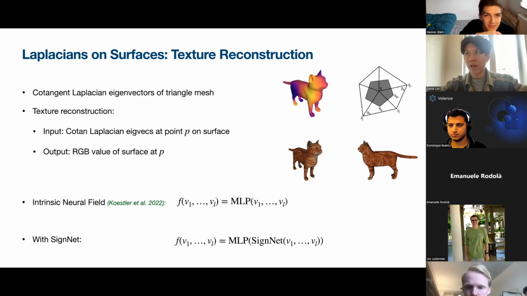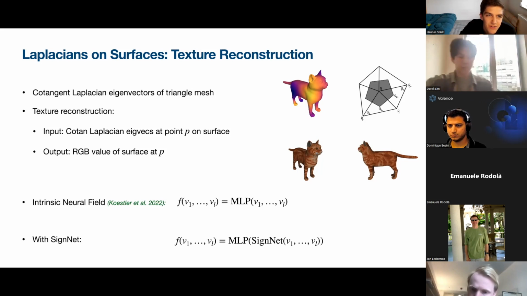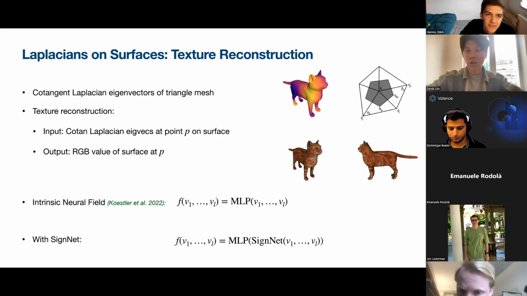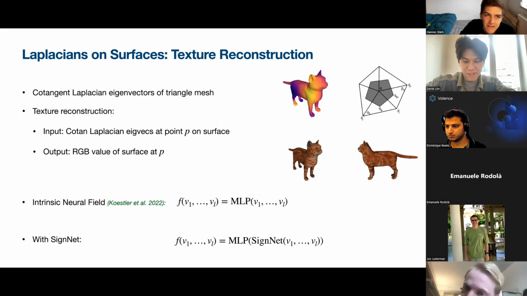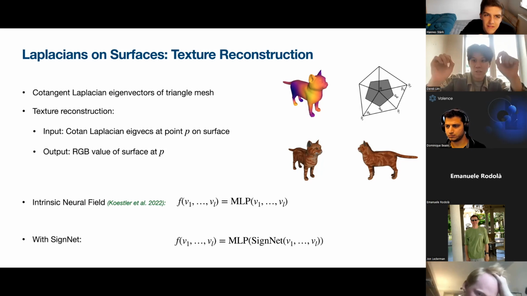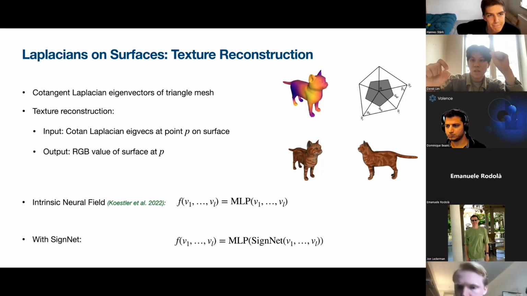Your input is just a point on the surface. Yeah, that's exactly it. It's like an implicit neural representation. So your input is a point on the surface and the values of the eigenvectors at that point. These are eigenfunctions. The eigenfunctions take a point on the surface and give you a scalar value.